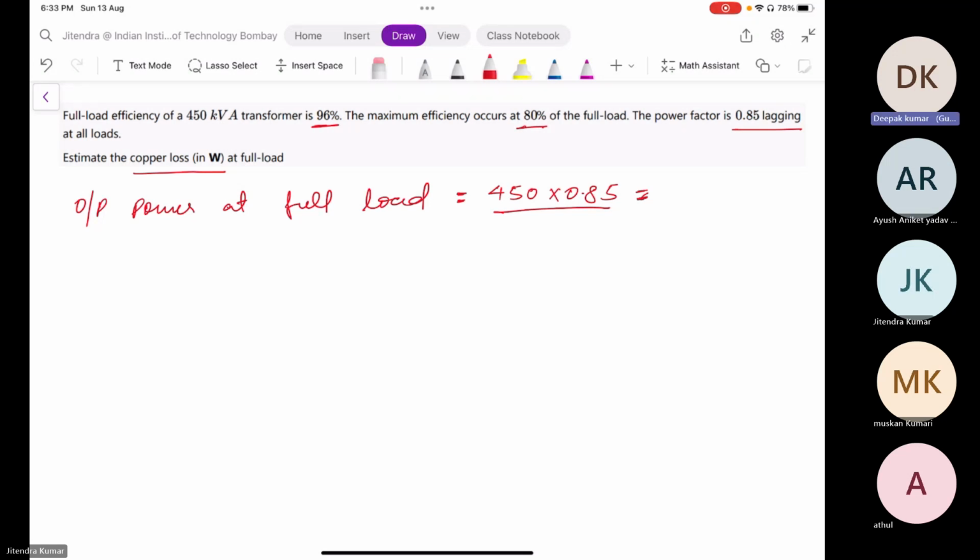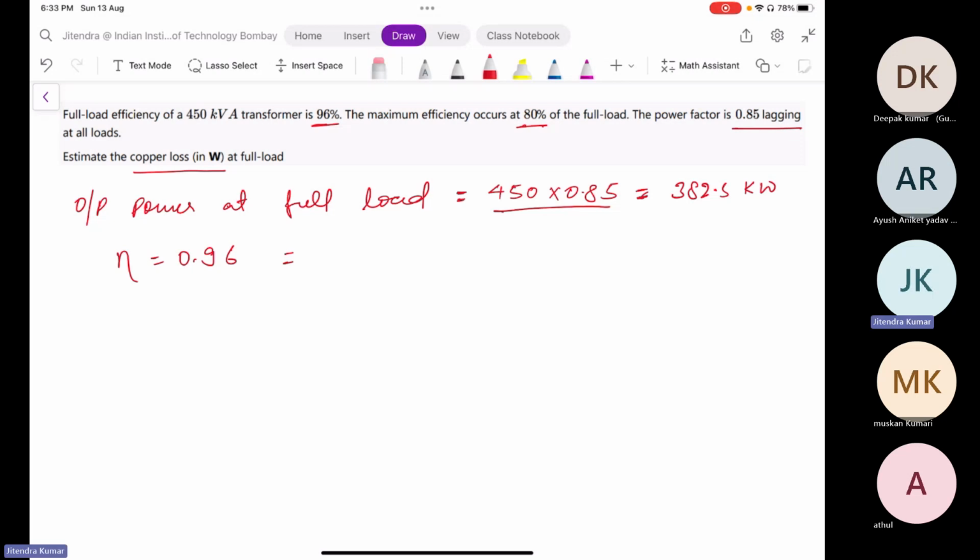Sir, 382.5 kilowatt. Great, thanks. So this is the output power at the rated load. Now we know the efficiency at this load, that is 0.96.